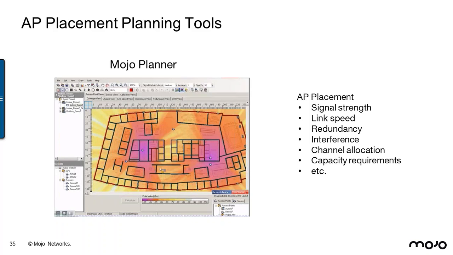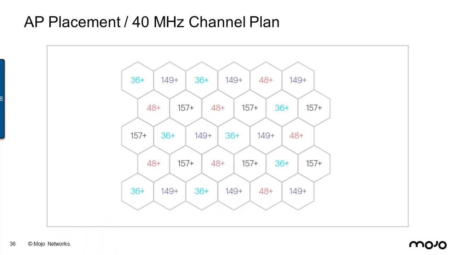So as a starting point, it gives you an idea of how many APs you're going to need and where you can put the APs, and of course, it is a starting point. You do the deployment, and then you monitor, measure, you get all kinds of metrics, and then you can add APs or adjust as needed. And we'll talk about the monitoring and adjustment part more in the next session.